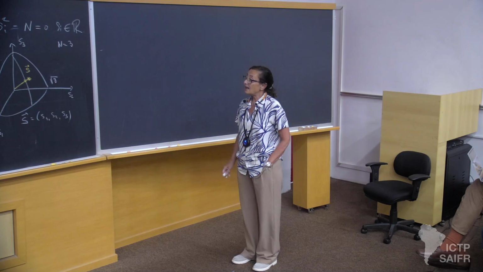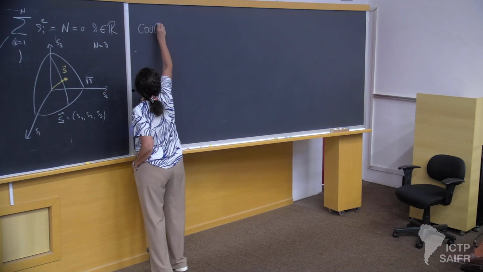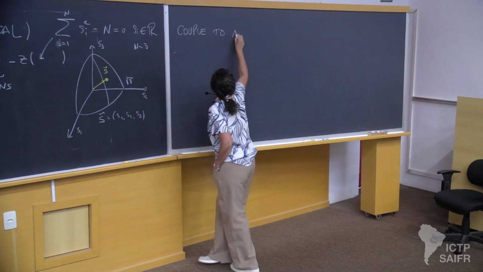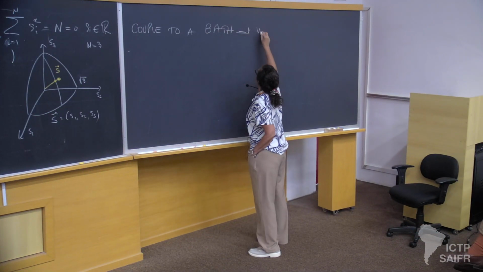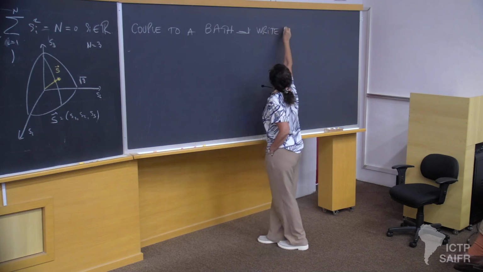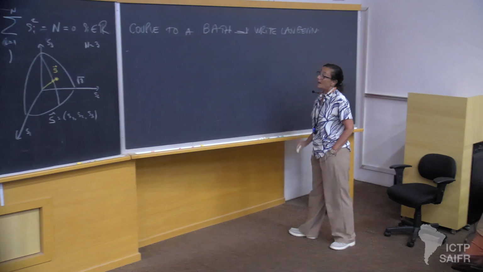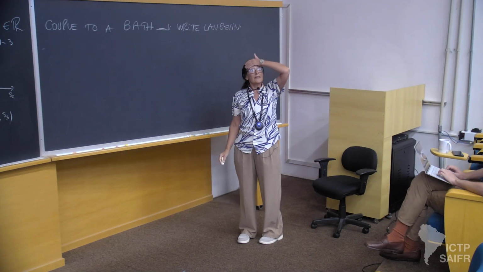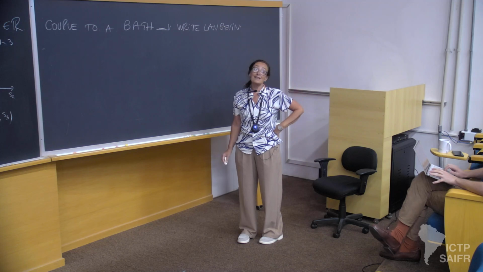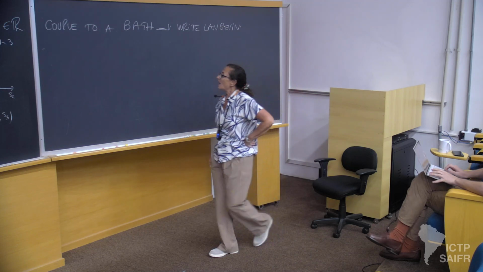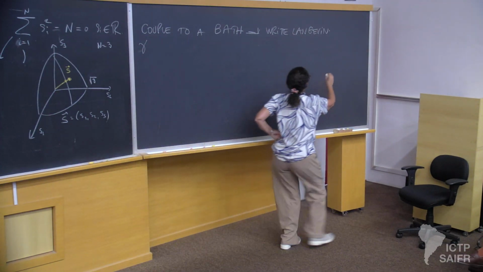Now you say, I couple this problem to a bath. And then I write Langevin. I can write Langevin on the S's very easily because the S's are real variables. If I were to write Langevin for Ising, I would be in trouble, right? So I write Langevin for the S's.